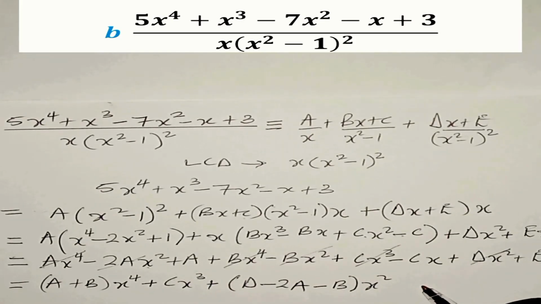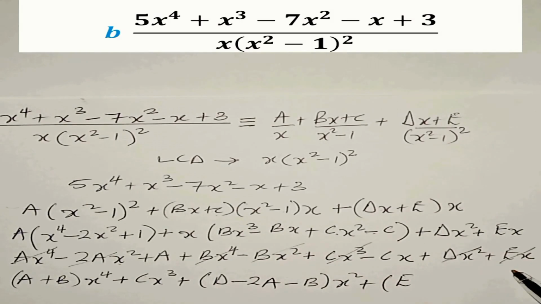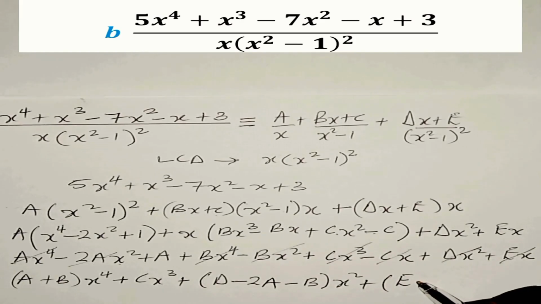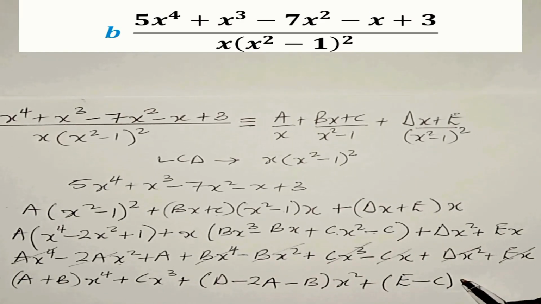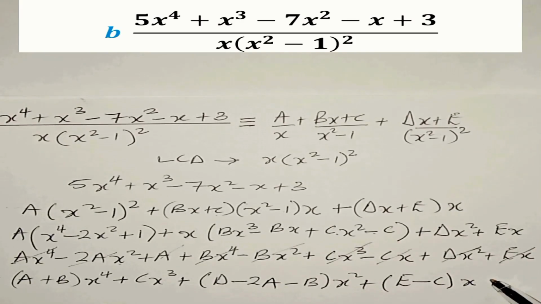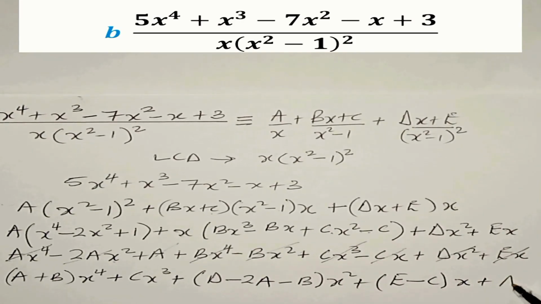And then we move on to the terms with x. We have plus e. We have ex on that, and we also have minus cx. So we have e minus c x, and we have a constant term that doesn't have x, so we say plus a.